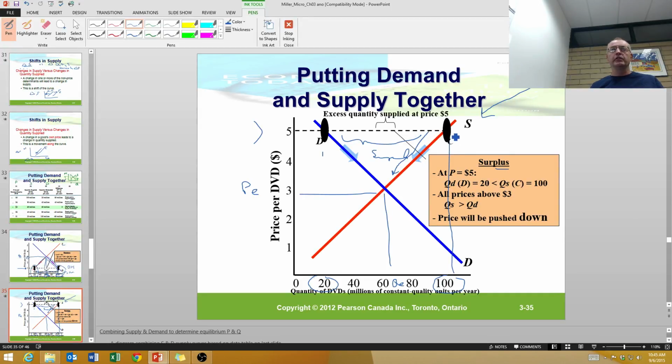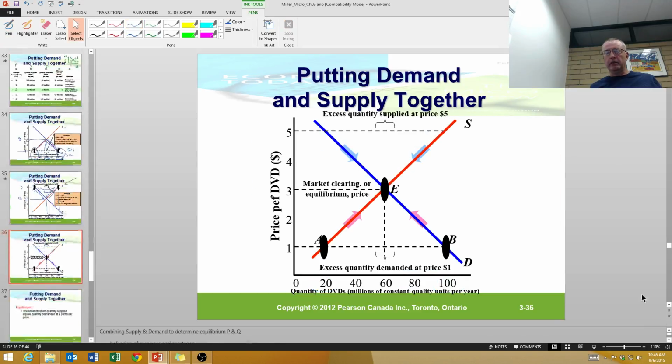So as suppliers cut their price, they're willing to supply less quantity. So they shift from 100 million units down to 60. And as the price comes down, the law of demand says that the quantity consumed will increase. So as the price comes down, consumption increases. And again, prices gravitate towards the so-called equilibrium price.